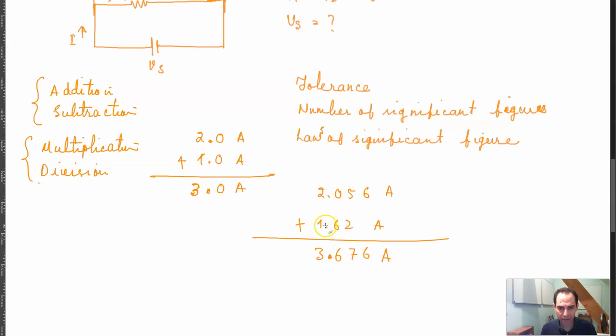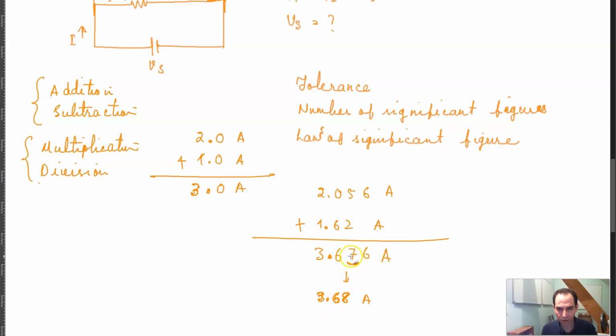But since one number has only two decimal places, not significant figures, two decimal places, the result can have only 2 decimal places, not more than that. So you have to round to this digit, and the number becomes 3.68 amps.